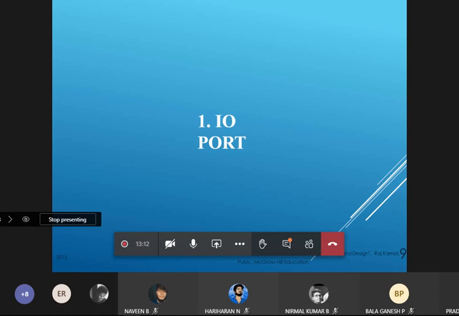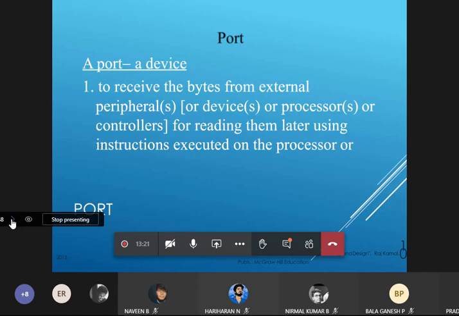And the input and output ports. The input port is used to receive data. Data is represented in terms of bytes, 8 bits, from external devices. External devices represent external peripherals, maybe the mouse, the keyboard, or whatever you attach as an input.